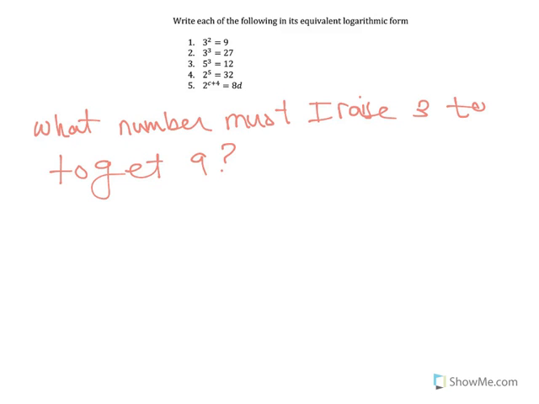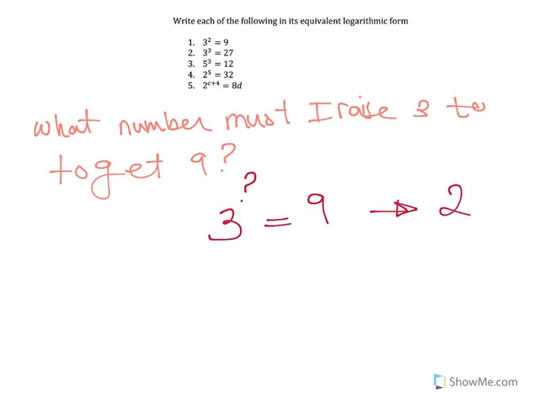And the way you summarize that question is, 3 to the power what gives me 9? And you know the answer is 2.